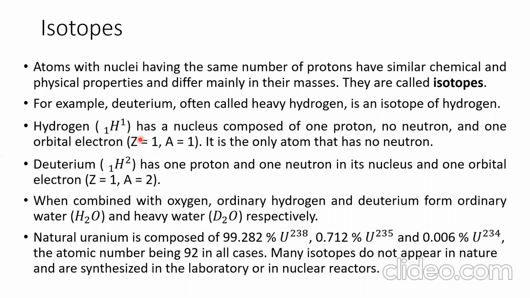Z is nothing but the atomic number, and A is nothing but the mass number. It is the only atom that has no neutron.